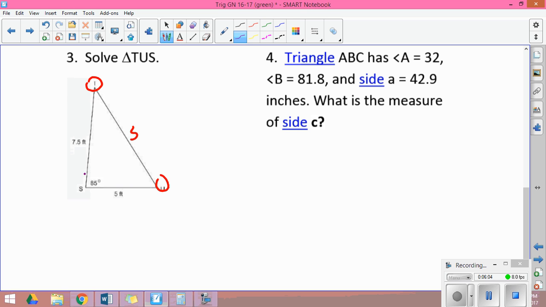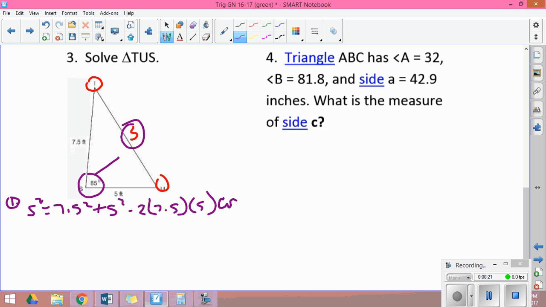And my very first step is that S squared is equal to 7.5 squared plus 5 squared minus 2 times 7.5 times 5 times the cosine of 85. Again, I started and ended with that side and its angles. When I combine terms and do the algebra computations here, I end up with S squared is equal to 81.25 minus 75 cosine 85.